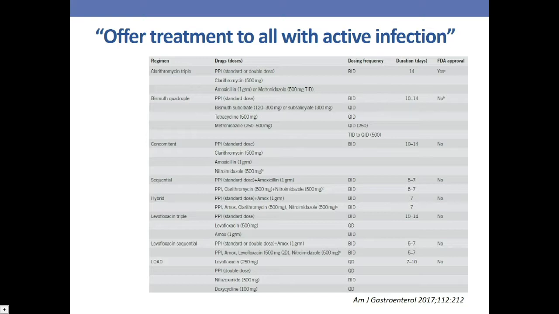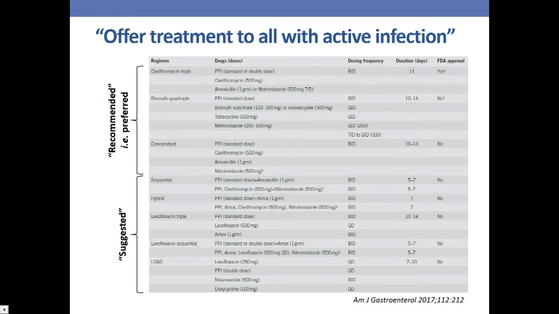The guidelines also state that you should offer treatment to all with active infection. We already know the effects of the infection, the serious implications of an untreated infection. They have a long list of options, and I'm not going to go into each of them, but they break it up into recommended, meaning preferred, and suggested.